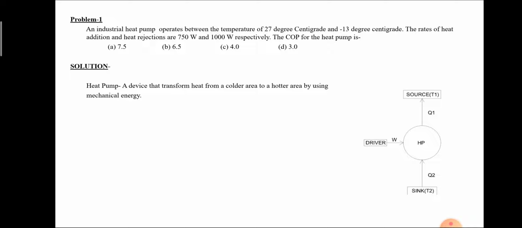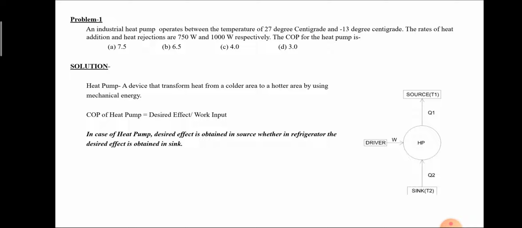In a heat pump there is a sink at a temperature T2 and a source at a temperature T1. The driver gives some work input to the heat pump. The COP of the heat pump can be given as desired effect divided by the work input. In a heat pump, the desired effect is obtained in the source, but in a refrigerator, the desired effect is obtained in the sink.